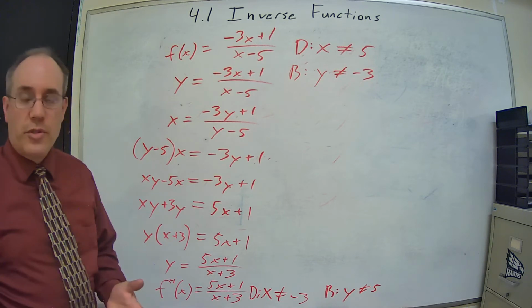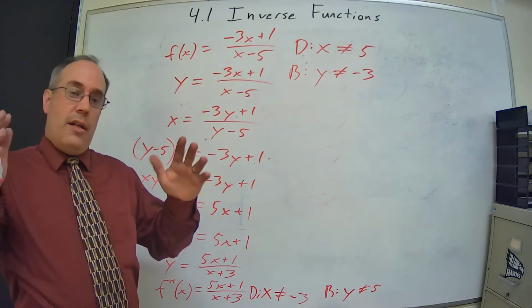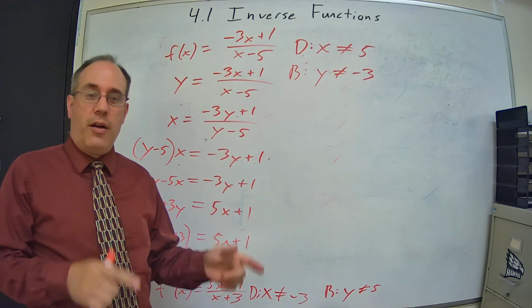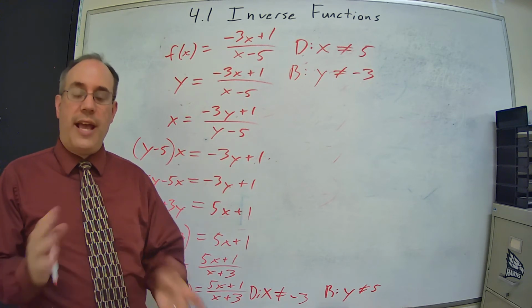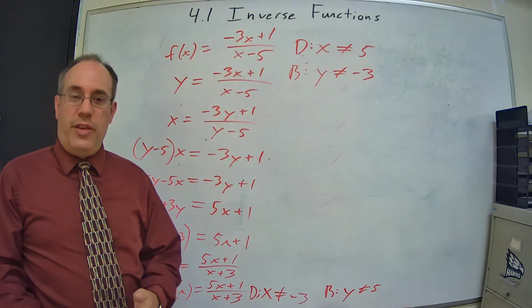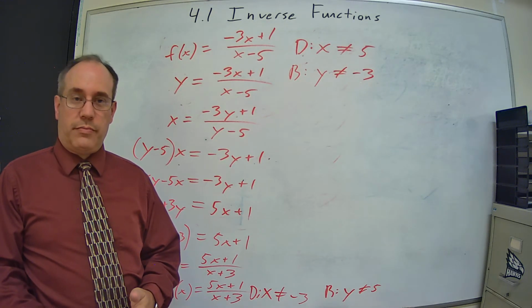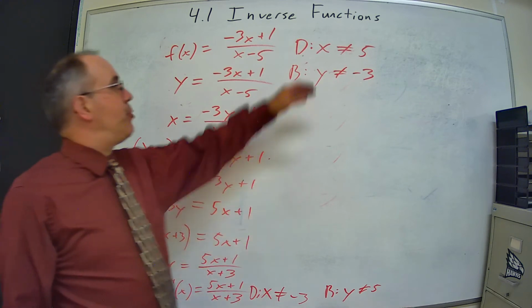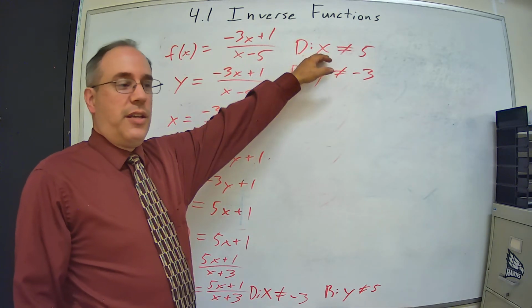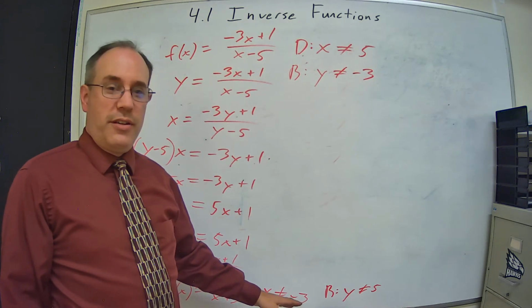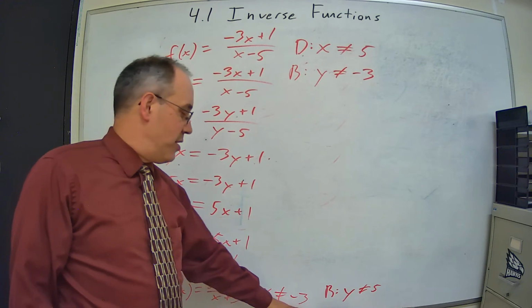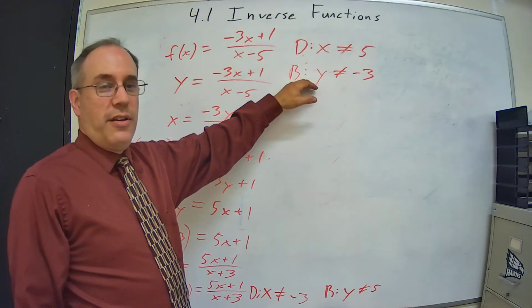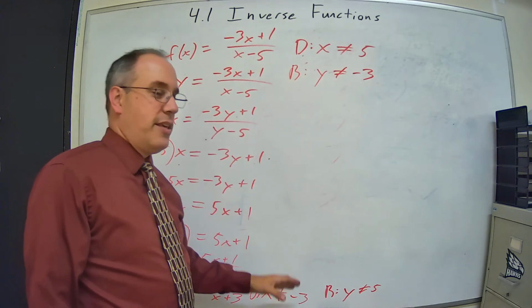So basically what we're saying is that the domain and range of the original function become the range and domain of the inverse function. They just swap places. Whatever cannot be an input to the function cannot be an output of the inverse. And whatever cannot be the output of the original function cannot be the input of the inverse.